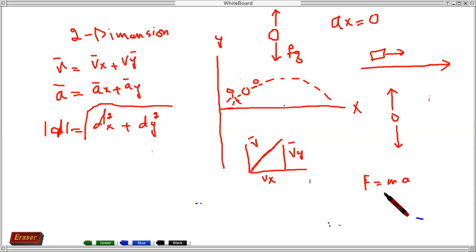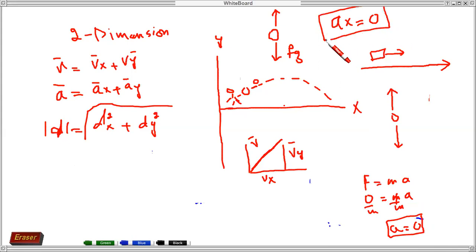When force is zero, ma is zero, so dividing both sides by m, a is also zero. There is only one force, along the vertical axis, gravitational force. So acceleration along the x-axis is zero, but acceleration along the y-axis is changing.